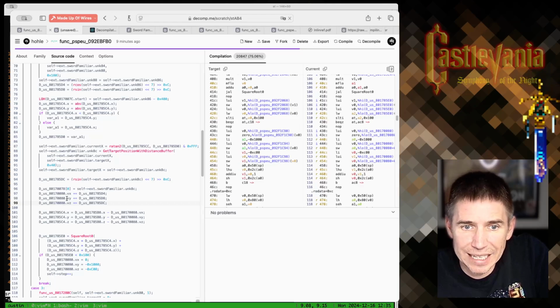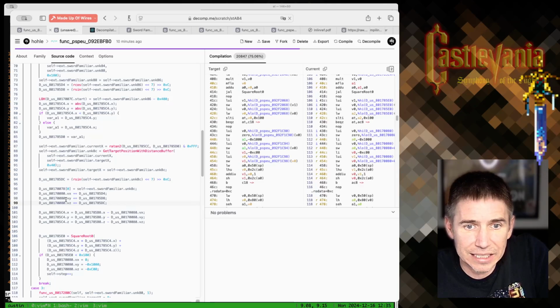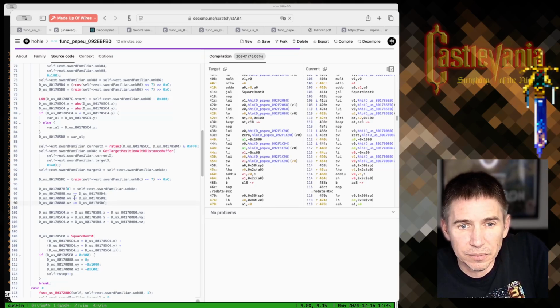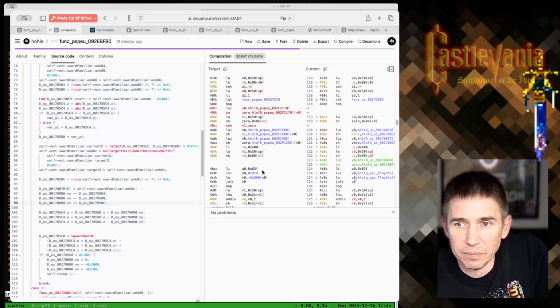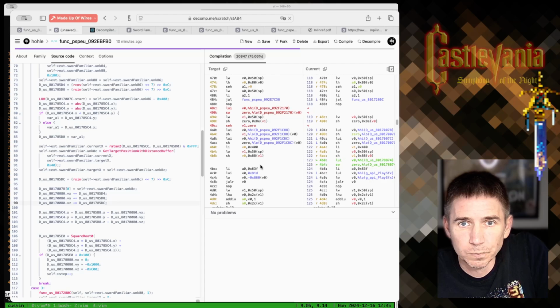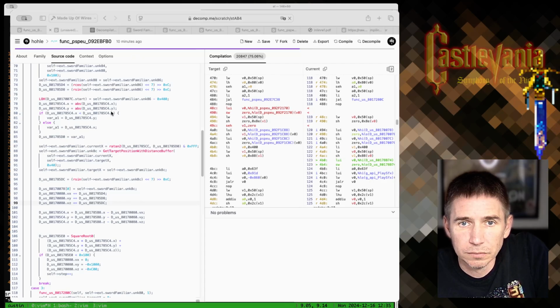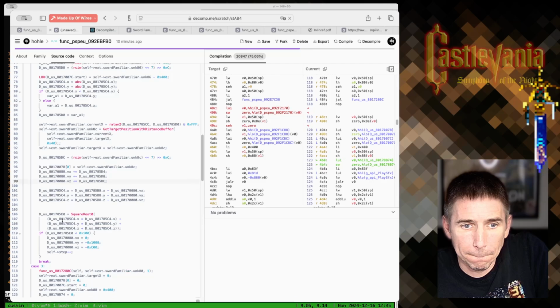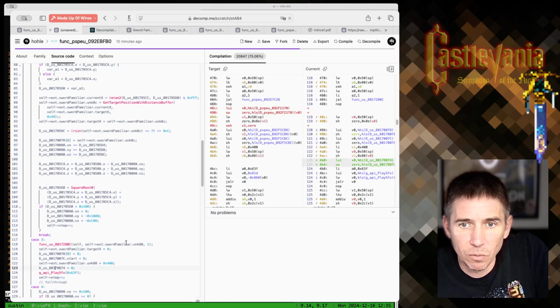I'm not sure yet if these should be before or after. I think this ends up being the same regardless, but yeah, I'm not quite sure. All right, down on 123.